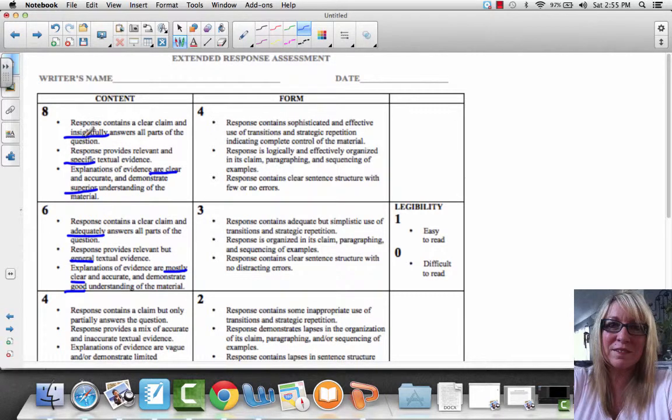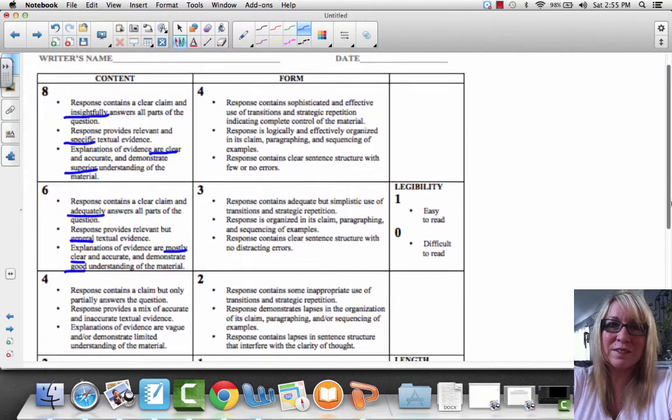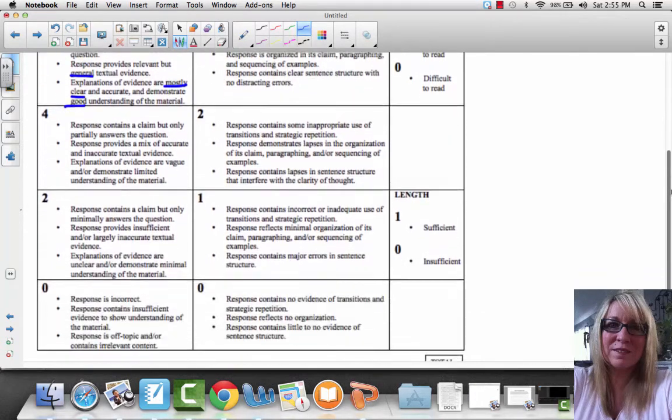So you can see the difference between an 8 and a 6 in content are basically keywords: insightfully and adequately, specific and general, clear, mostly clear, superior, and good. Let's continue looking down.